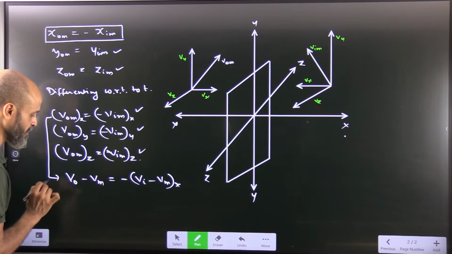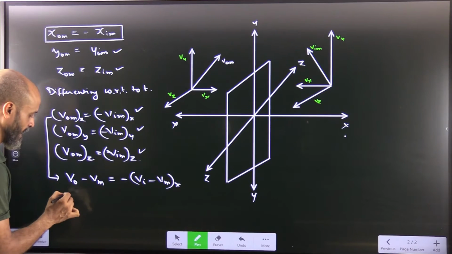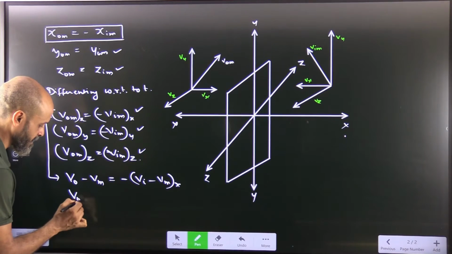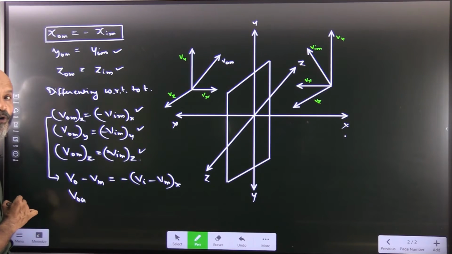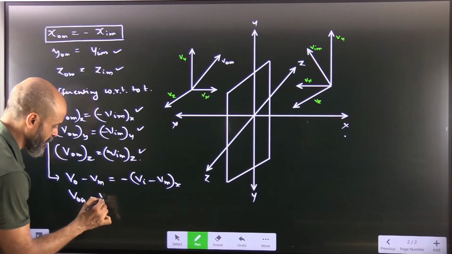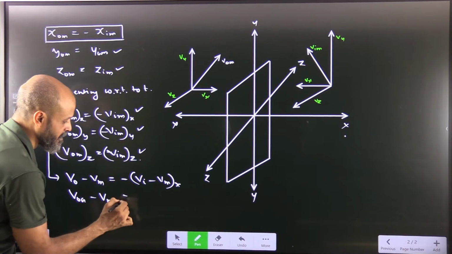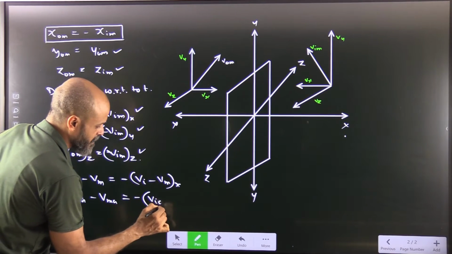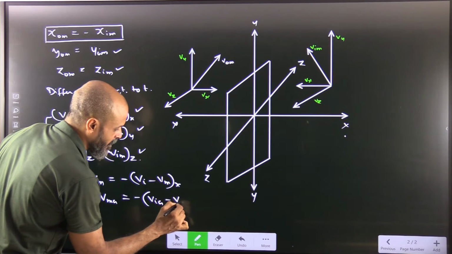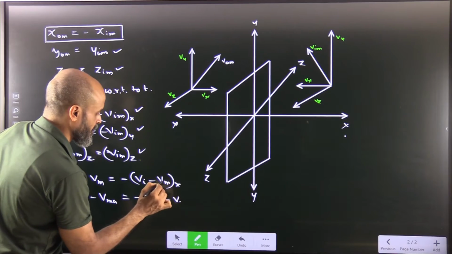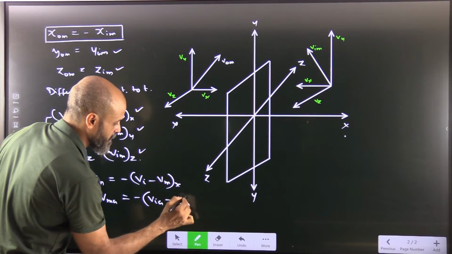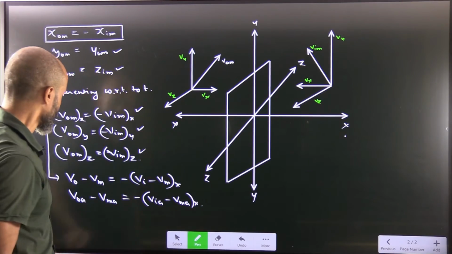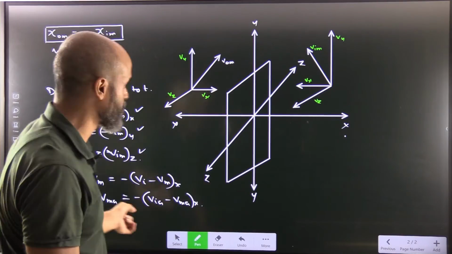Here we are taking the reference point as the ground, so velocity of the object minus velocity of mirror with respect to ground will be equal to minus velocity of image with respect to ground minus velocity of mirror with respect to ground along the x-axis. So this is an important relationship.